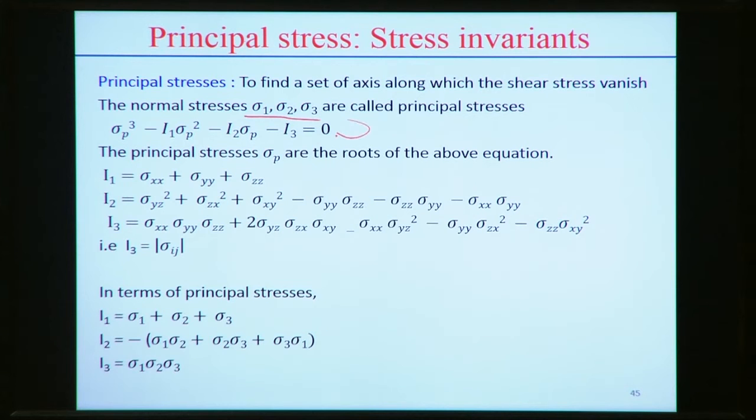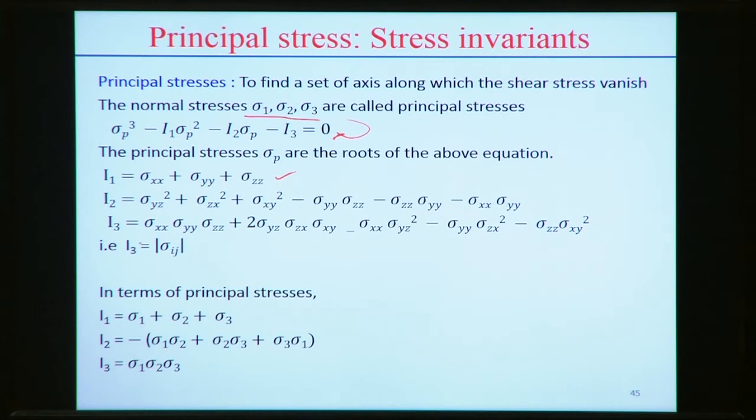These are the roots of the cubic equation here. The stress invariants I1, I2 and I3 can be represented like this. Here I1 equals sigma xx plus sigma yy plus sigma zz. I2 is in terms of sigma yz, zx and sigma xx, yy and zz. I3 is also represented like that.